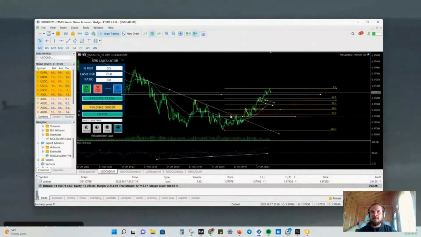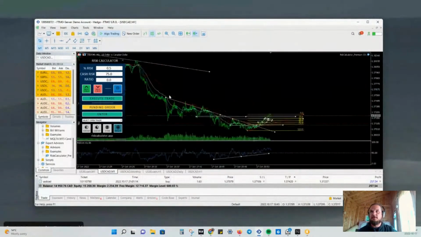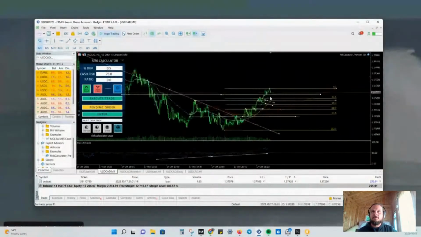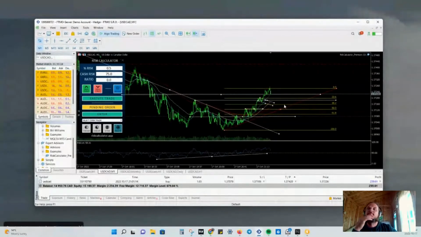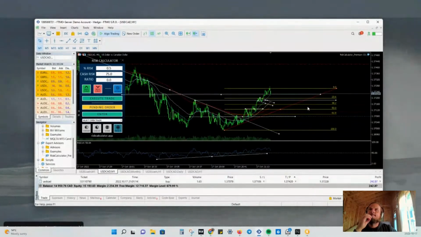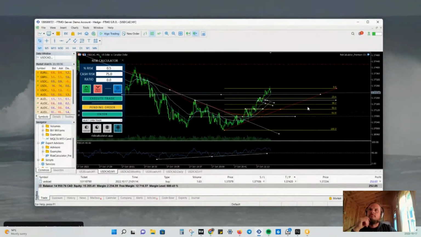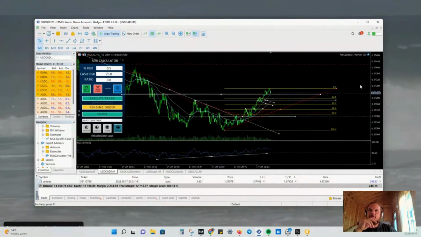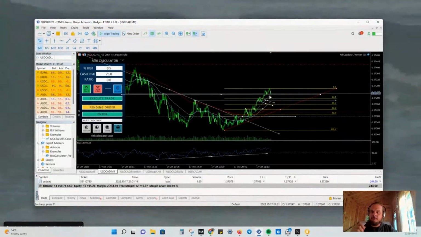Yes, I want it to go that high, but will it? Hard to say. So that's pretty strong rejection indeed. Back to this area, which was resistance, and see if we get support. That's the 9 period moving average.